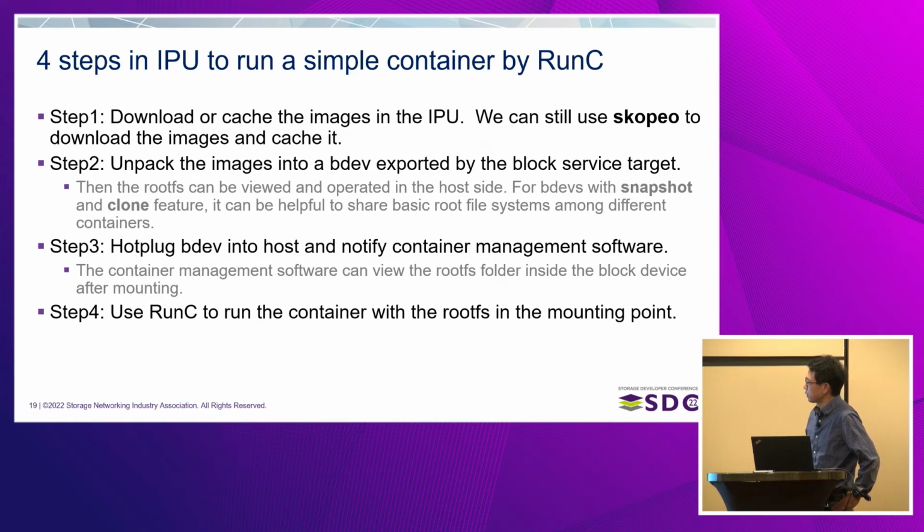And then step 3 is the new one, which needs to hotplug the BDEV into the host and notify the host, okay, some images are ready and available to use. And then the host will run runC. So this is basically the 4 steps to do if you use the IPU to offload those image construction operations.